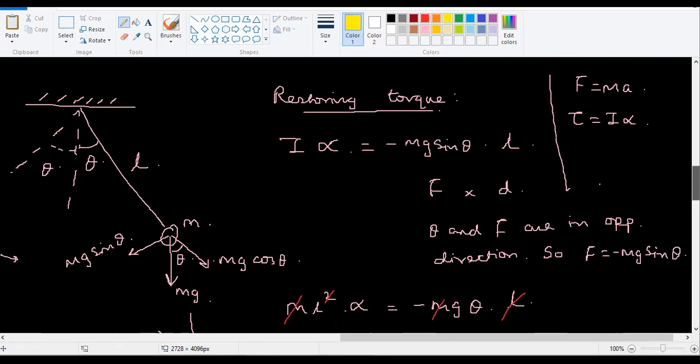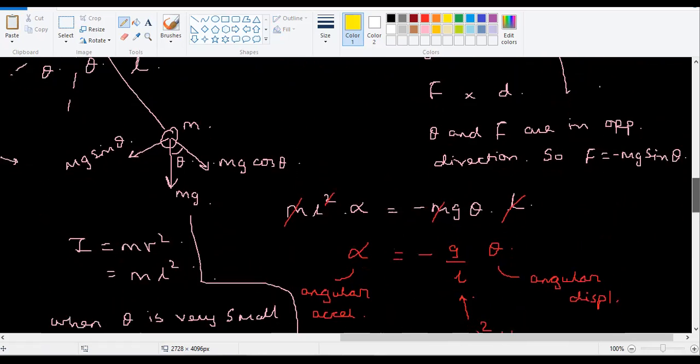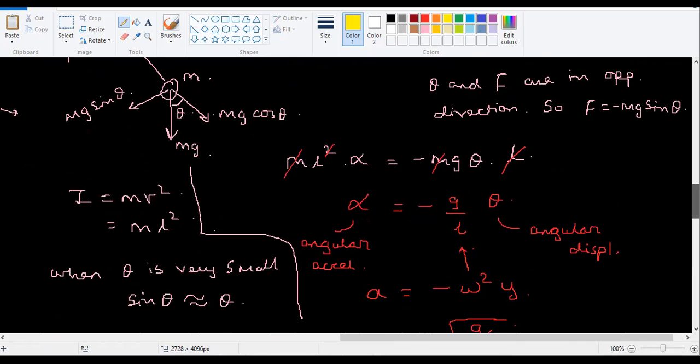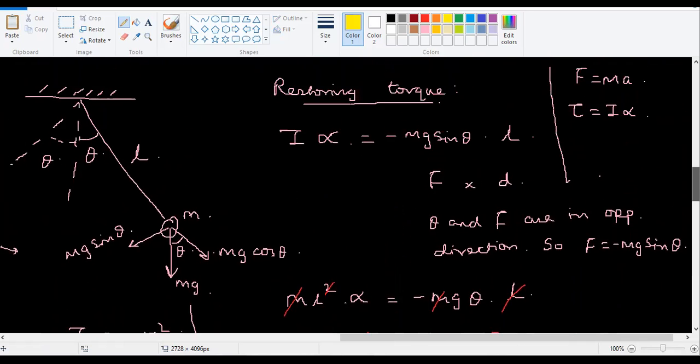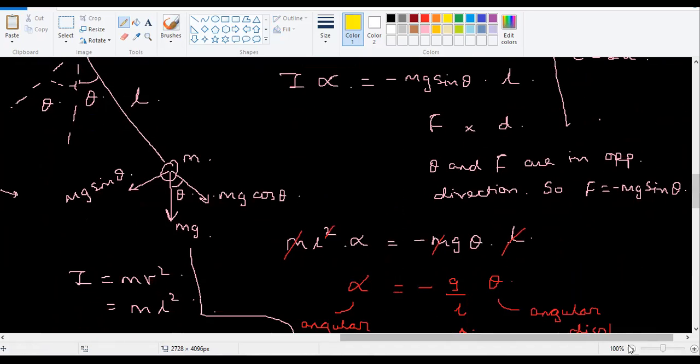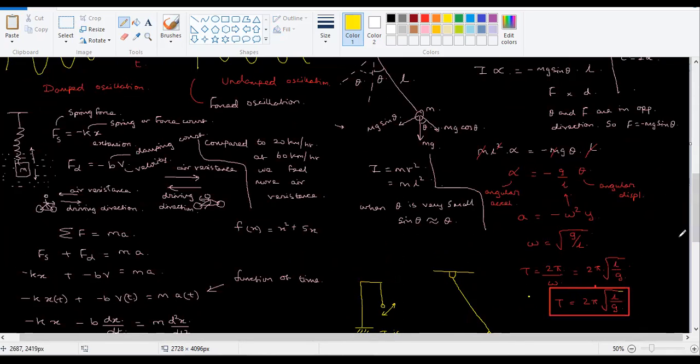Any step which is not making sense, please ask your doubts. I can zoom out.